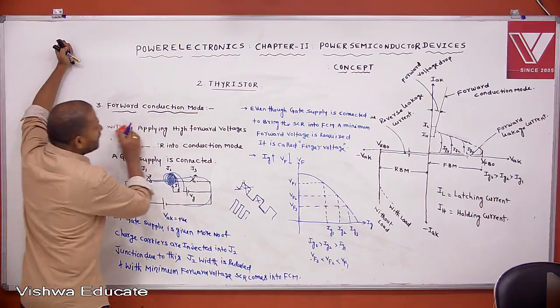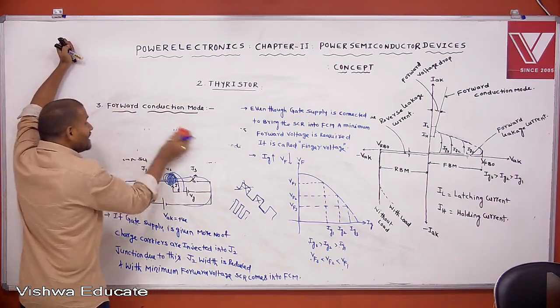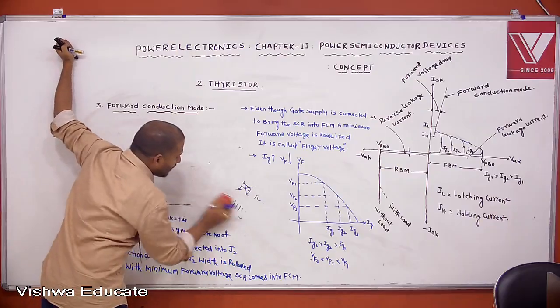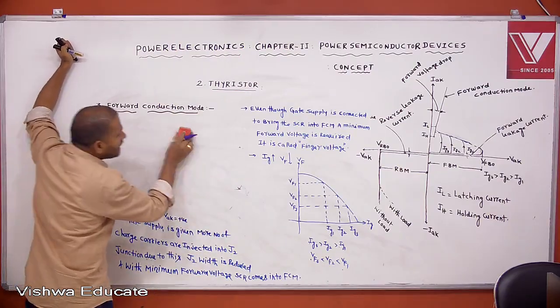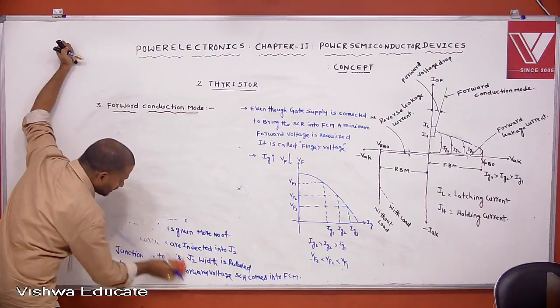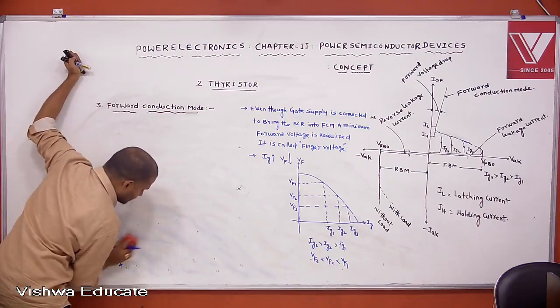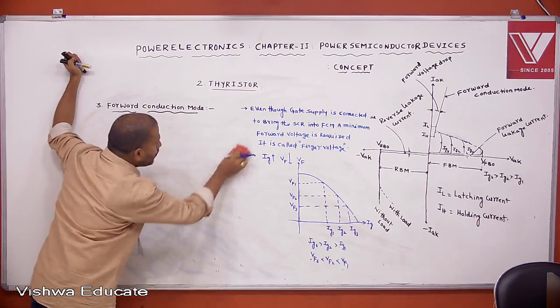Now see. Once the SCR starts the conduction, or during the conduction of SCR, all the three junctions are forward biased. Very important observation.